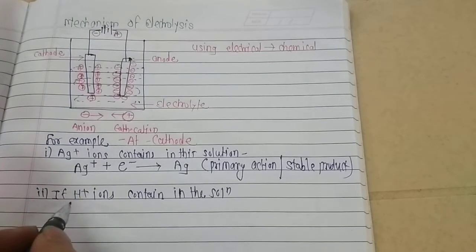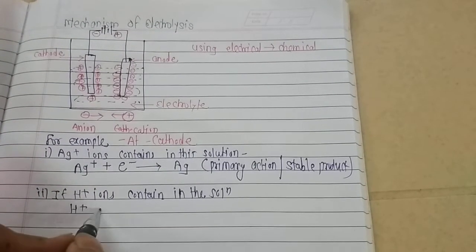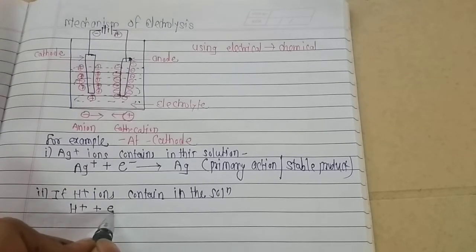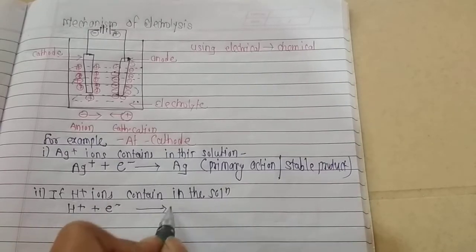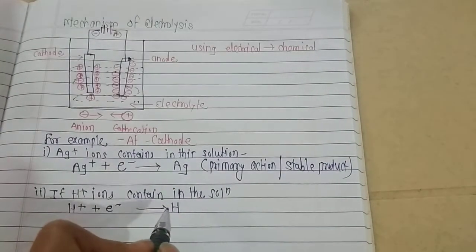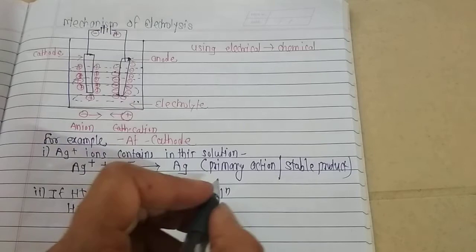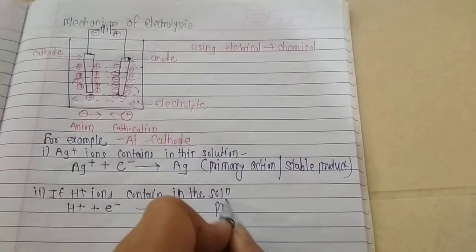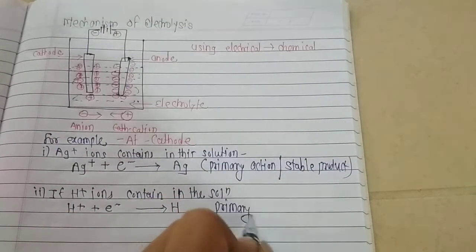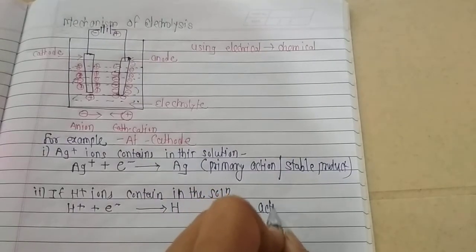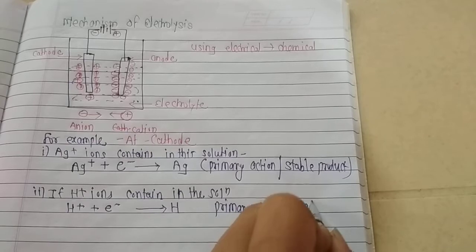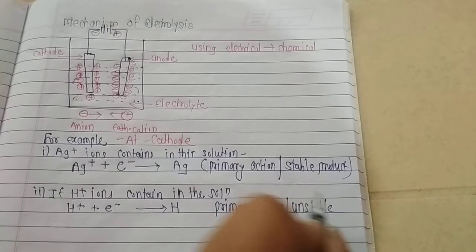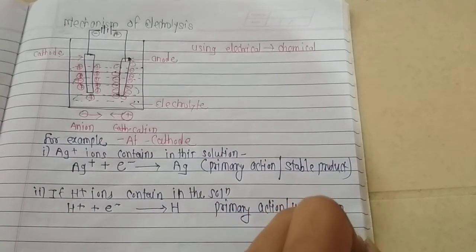They acquire electrons from the cathode and form H atoms. So this is a primary reaction, but this product, the H atom, is unstable.